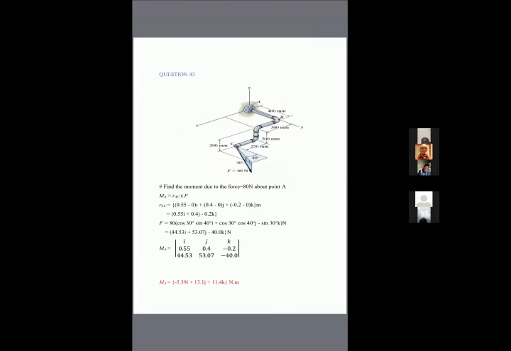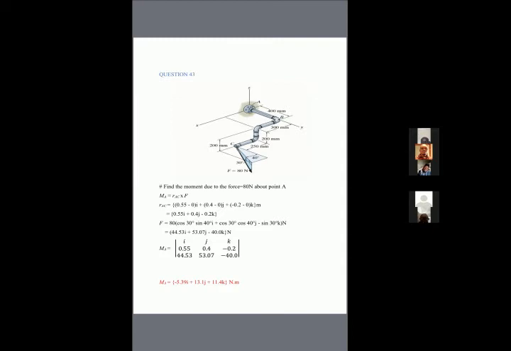Okay, so question 4-43. We have a nice diagram here with us, and we're being asked to get the moment about point A. So as usual, getting the moment, the first step, if it's a 3D question like it is in this case, is for us to get the vector, which is going to be RAC in our case.